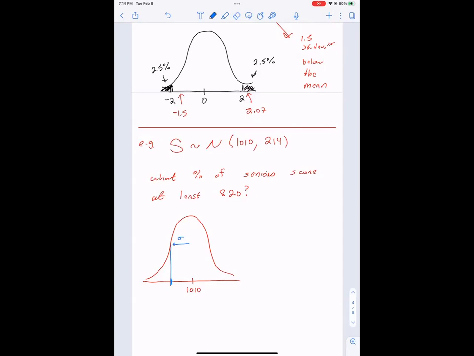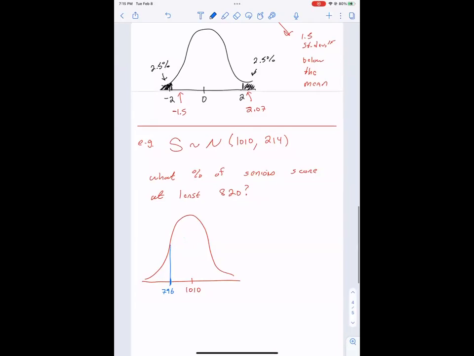I haven't done any z-scores yet. I'm just asking what is one sigma to the left? 1010 minus 214 is 796. You agree? Yes. So 820 is about here somewhere.